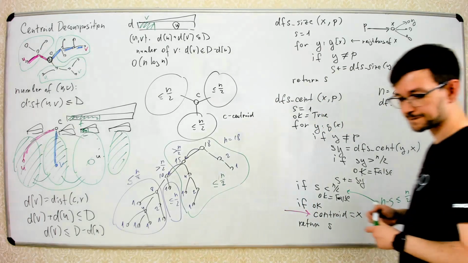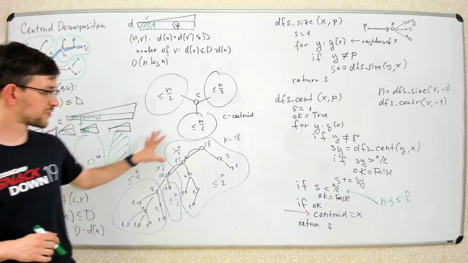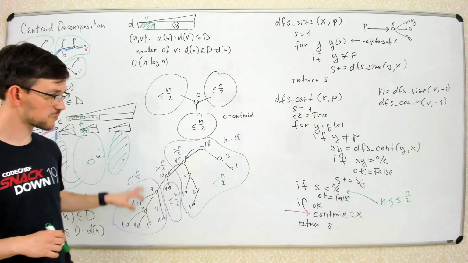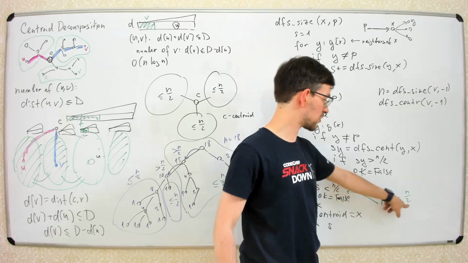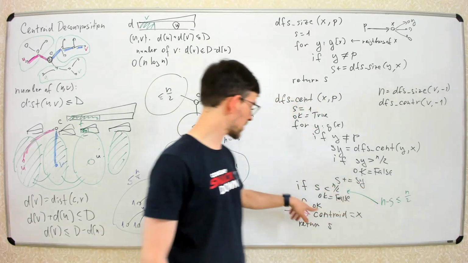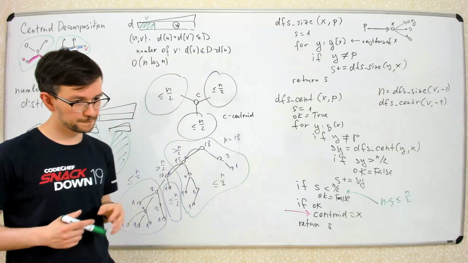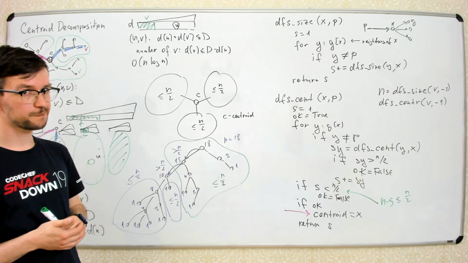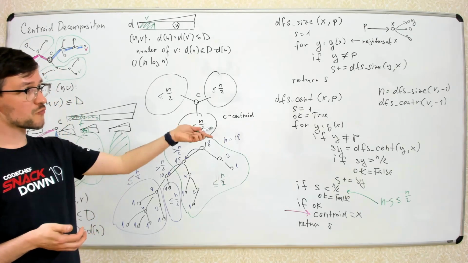So the size of this part is n minus the size of my part, and n minus this part should be less than n over 2. It is the same as s should be greater or equal than n over 2. If s is less than n over 2, then I am not a centroid, because this part is too big. Makes sense. That's all. That's how you find the centroid of the tree.